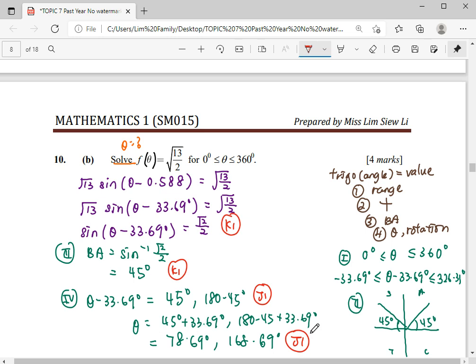From here, we can notice that our marks do not have any allocation for step 1 and step 2. Although step 1 and step 2 don't have any marks, they are very important to guide us to see where my angle is starting and where my angle is ending. So these two steps are very important to help us get to this answer. We cannot skip these steps.